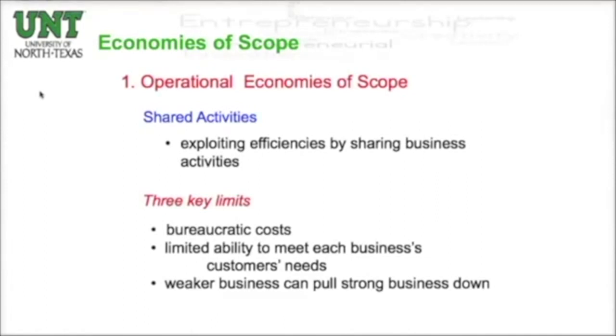There are 3 key limits to this type of diversification. One would be the bureaucratic cost. At some point, those costs keep rising, keep adding up, and become quite significant. The next is a limitation on your ability to meet the individual customer demands for each individual product, because now you've got many different customers to think about.